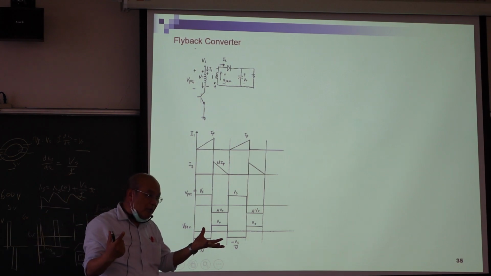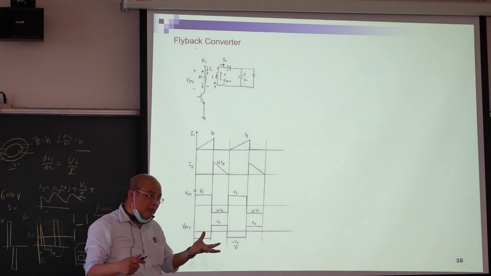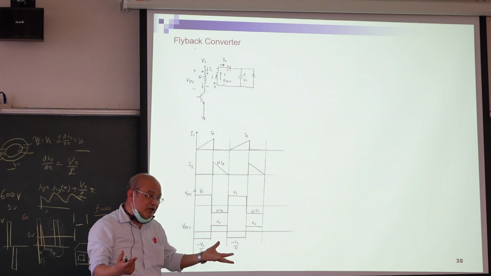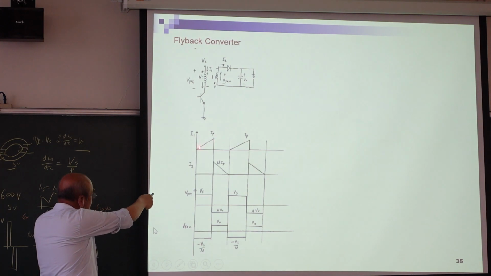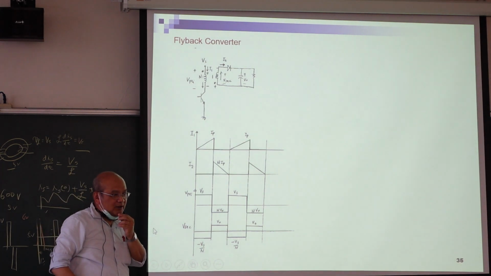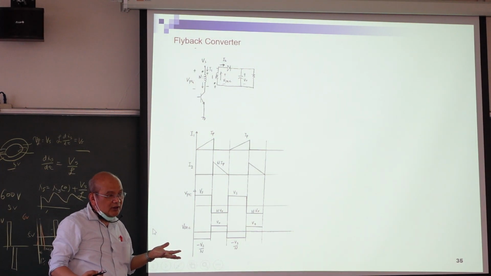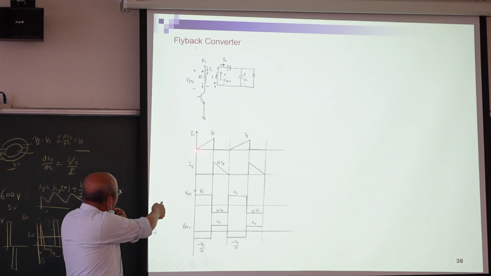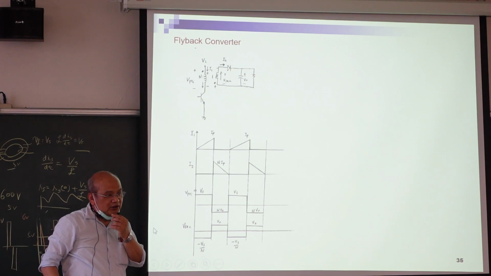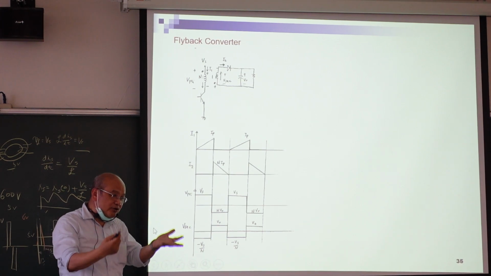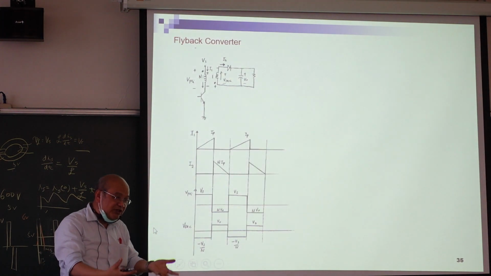What is a transformer? A transformer should have AC voltage, AC current. But do you think this current is AC or DC? I ask you, this current is AC or DC? DC. Can you use a transformer with DC current?